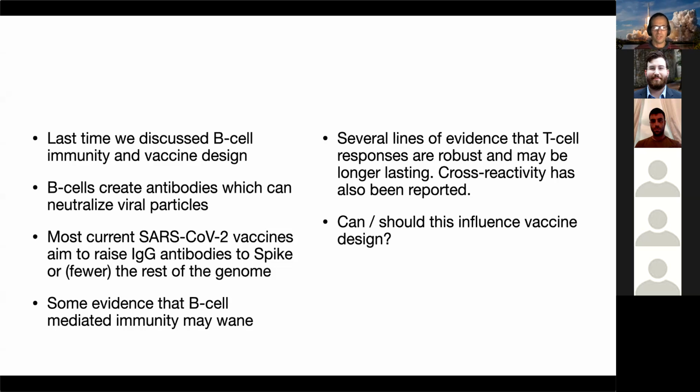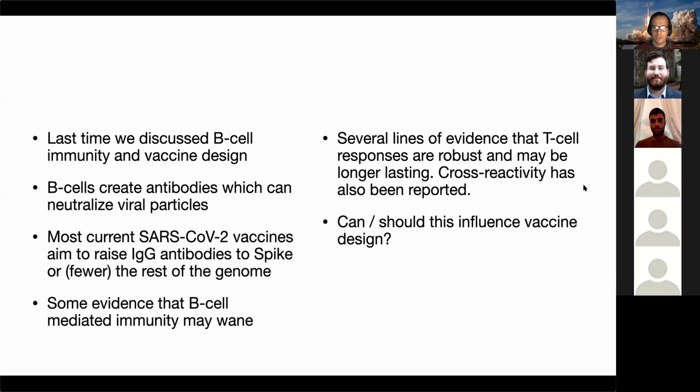And by focusing on spike alone, which a lot of the recombinant vaccines are doing, and some of the mRNA, you might narrow the target that the immune system is seeking to only one part of the viral genome, which may be suboptimal.